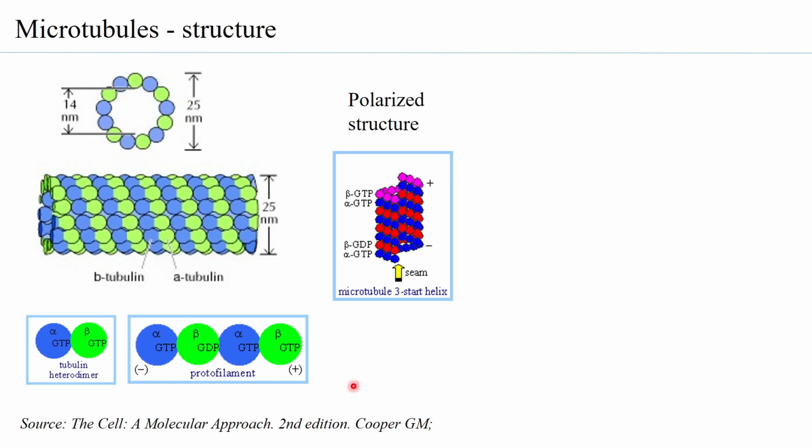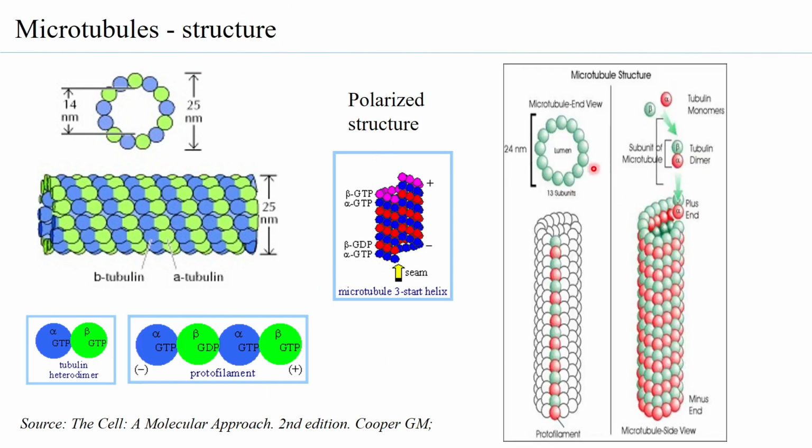So let us understand what we have tried to look at in terms of the structure. When you look at it longitudinally, and when you look at a cross section, you will find that every microtubule is made up of 13 protofilaments, and every protofilament is made up of a polymer of alpha beta heterodimers, aligned in such a way that you will always have the alpha at one end and the beta at the other end.